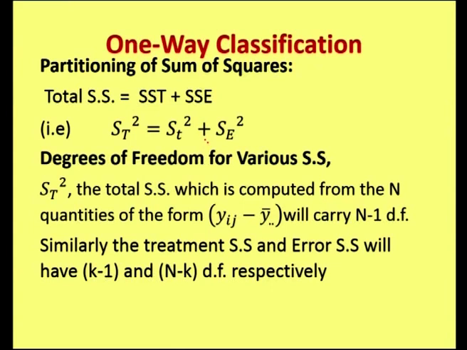The total sum of squares is computed from the n quantities of the form yij minus y double dot bar, and it will have n minus 1 degrees of freedom. Similarly, the sums of squares due to treatments and errors will have k minus 1 and n minus k degrees of freedom respectively.